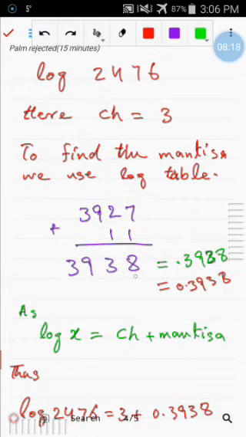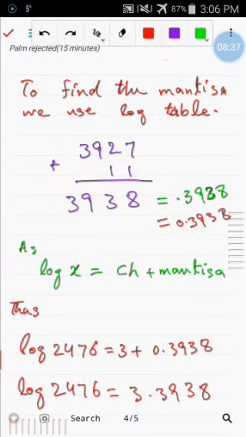So the mantissa of this number is 0.3938, and we know that log of any number is equal to characteristic plus mantissa. So we add the characteristic, which is equal to 3, with the mantissa. So log of 2476 is equal to characteristic 3 plus mantissa, which is equal to 3.3938.